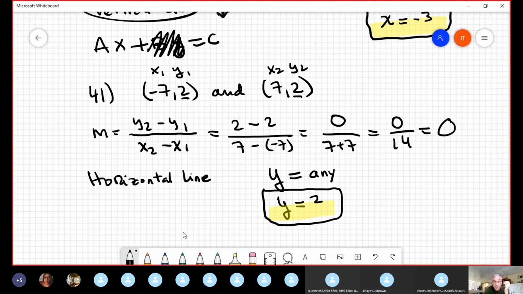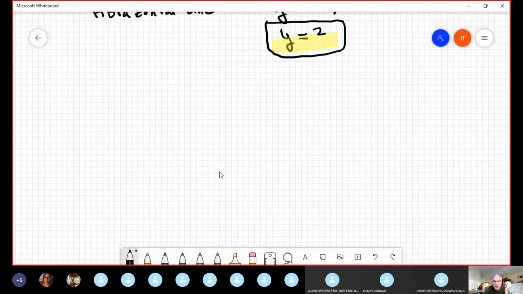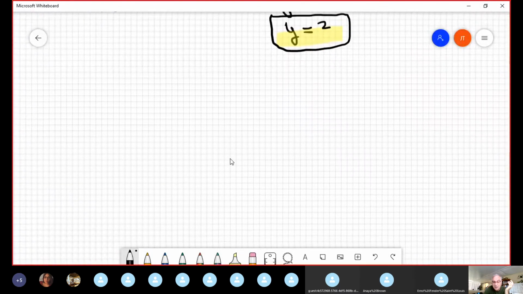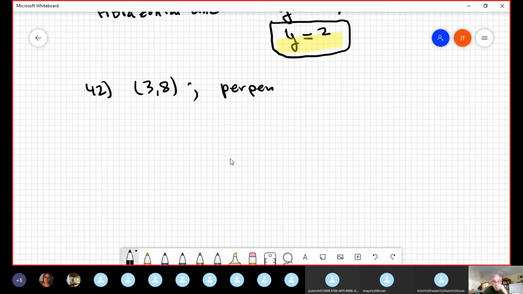Yes. Let's practice now perpendicular lines, which is similar, but a little bit more complicated. So you have, for example, 42. For 42, we have a given point, 3,8, semicolon, perpendicular to the given line, which is y equal x minus 7.